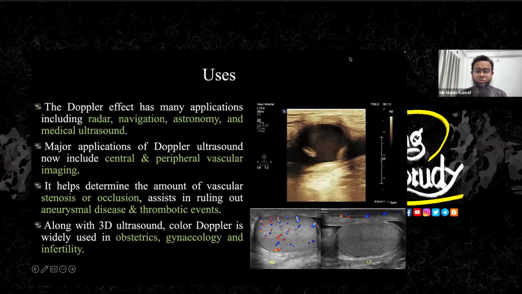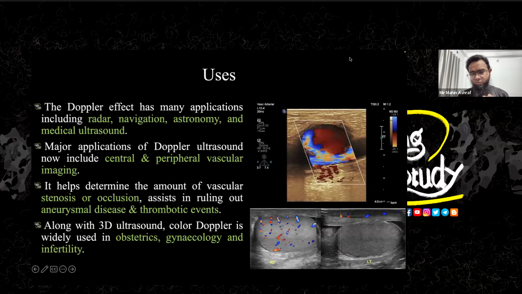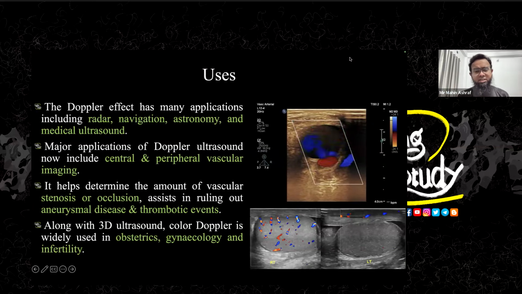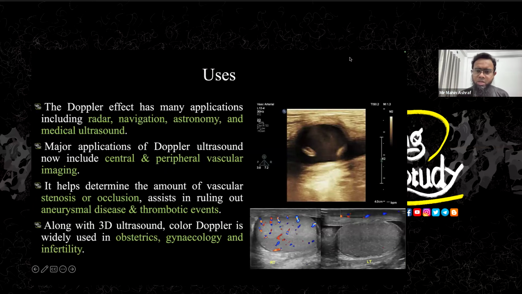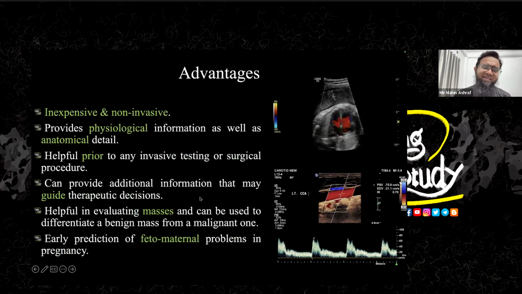We commonly use it for assessing the central and peripheral vascular system. There are so many non-medical uses, obviously. And nowadays, along with 3D ultrasound, color Doppler is used in obstetrics, gynecology, infertility, and all over the body, actually. So we have to know color Doppler quite well.